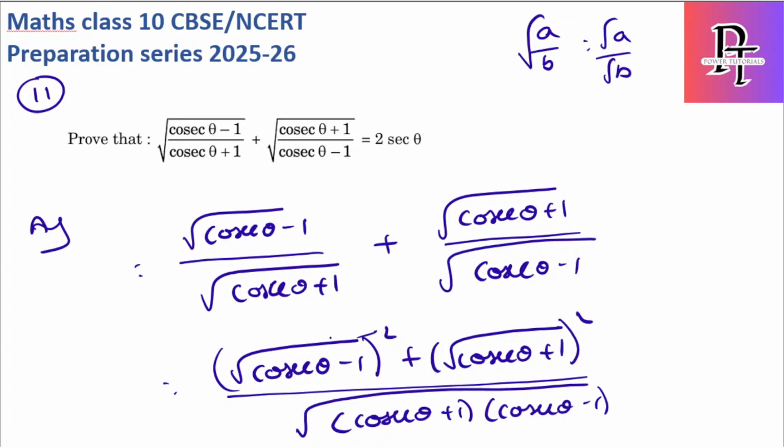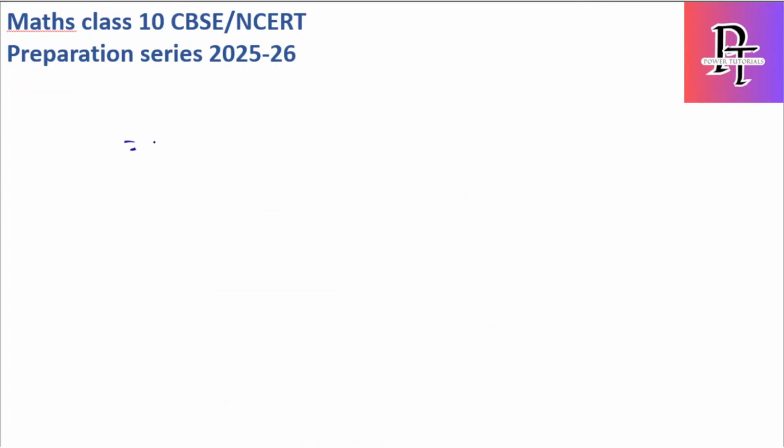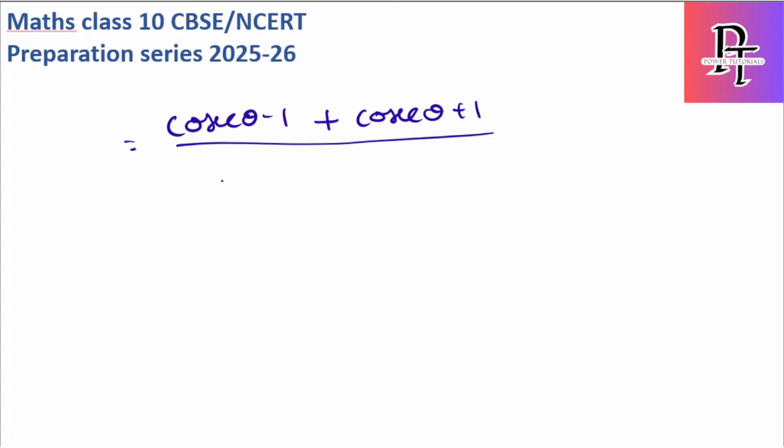So this square and root get cancelled out, this square and root gets cancelled out. So the numerator will become cosecant theta minus 1 plus cosecant theta plus 1 by root of cosecant square theta minus 1.